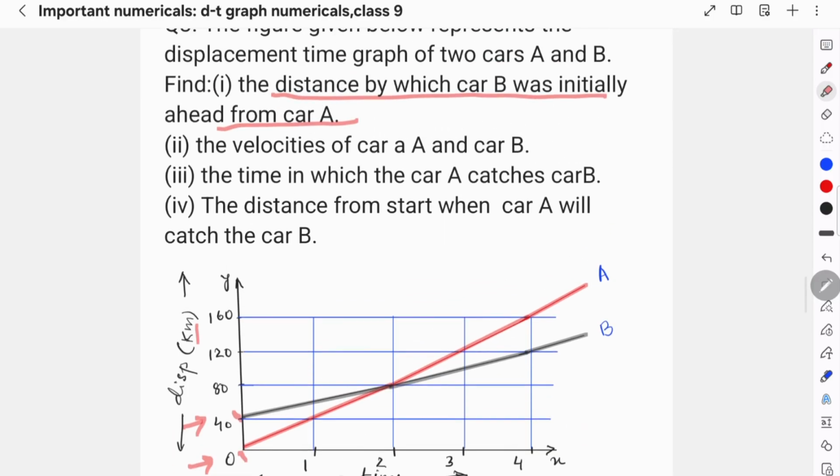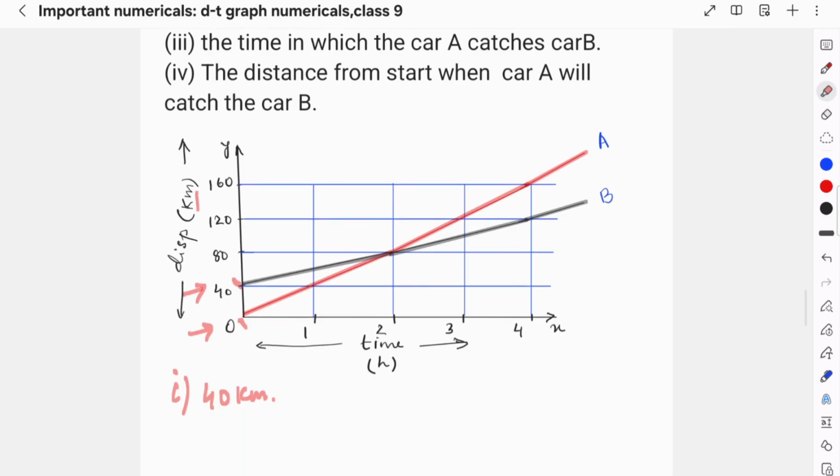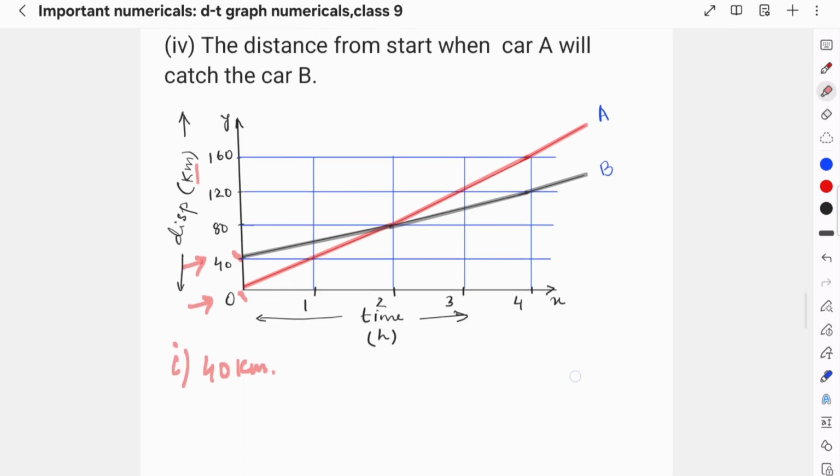Now they are asking the velocities of car A and car B. From this graph we have to find the velocities of car A and car B. It is a displacement time graph, so velocity is the slope of the graph, or change in displacement by change in time.